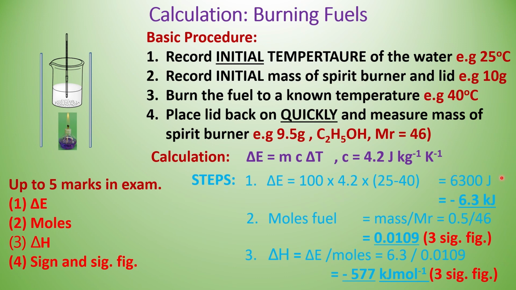If you give a positive answer there, you'll still get a mark there, but a positive answer here will lose you the mark. So it's crucial that you don't forget the sign. So that's simple 4 or 5 marks you can lose. The 5th mark is obviously for 3 sig fig as your final answer.